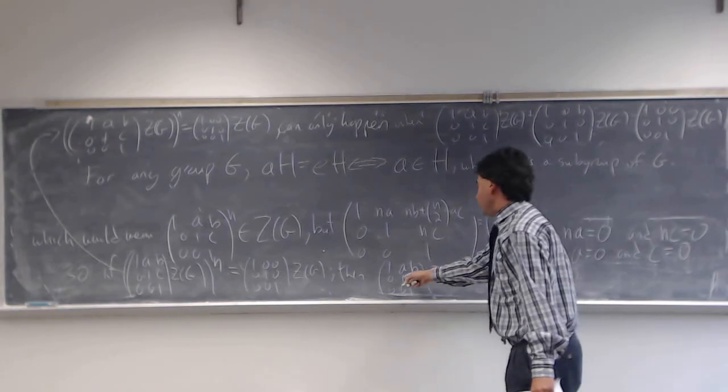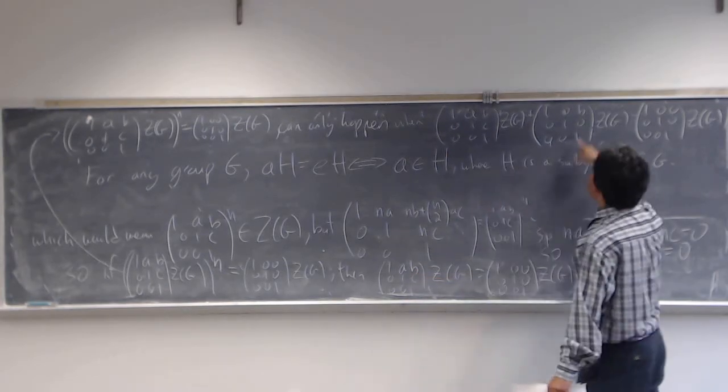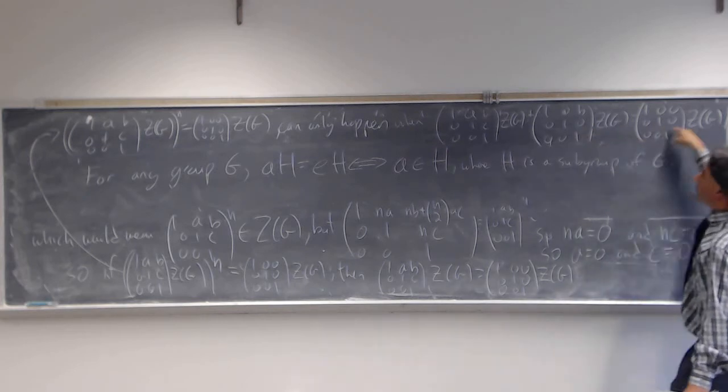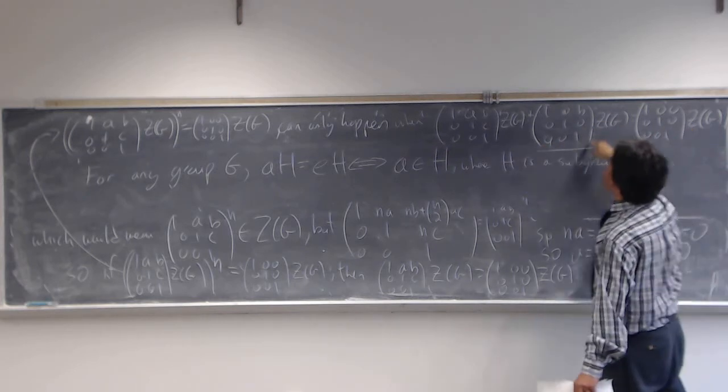I actually get that this coset here has to be this coset, but this coset itself must be the identity coset because this element is an element of the center.